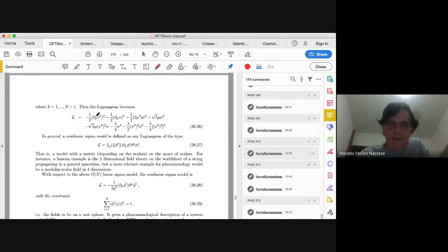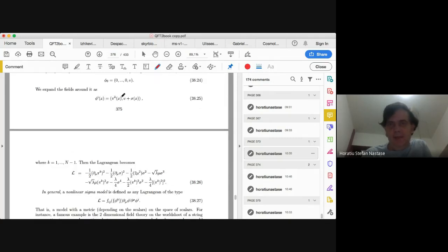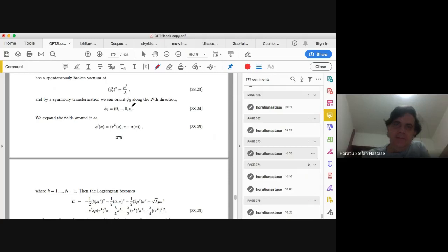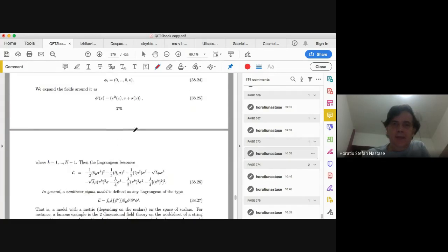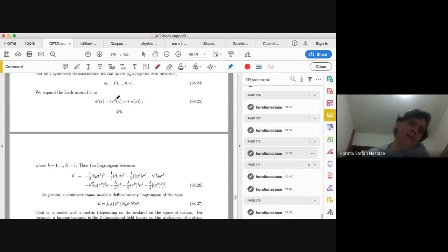When I put this expansion into the Lagrangian, I get the canonical kinetic terms, minus a half d mu pi k squared, minus a half d mu sigma squared. Then mass terms. As we know from general theory, the direction along the VEV, that's the direction of the Higgs field, is massive, but the other directions are massless. The other directions are Goldstone bosons.